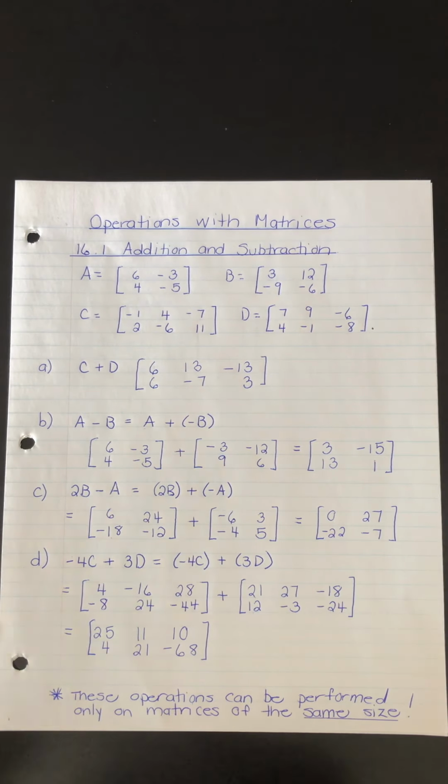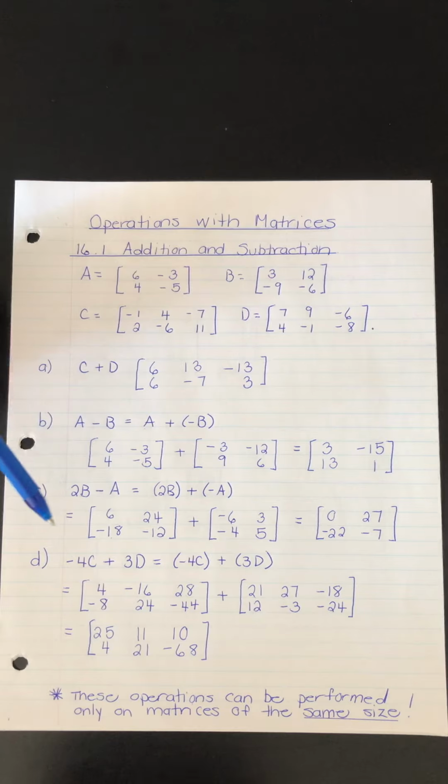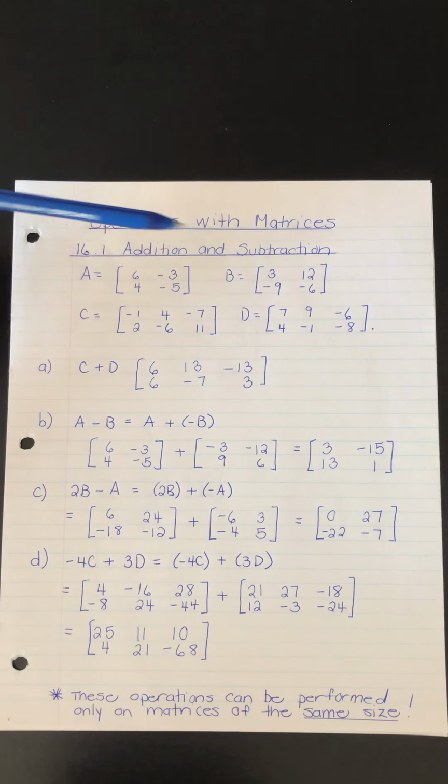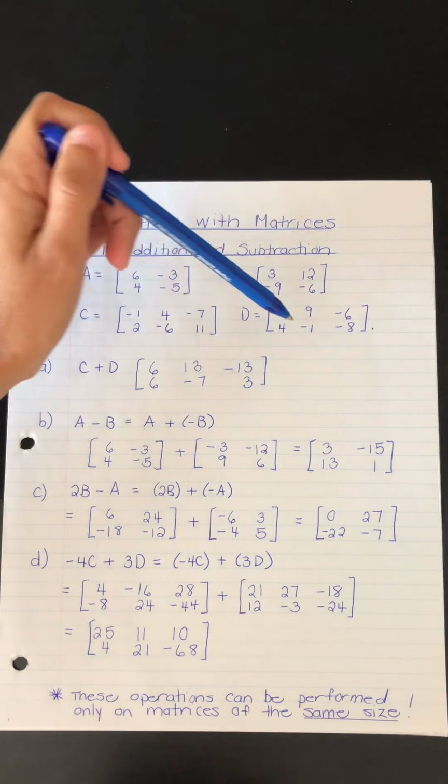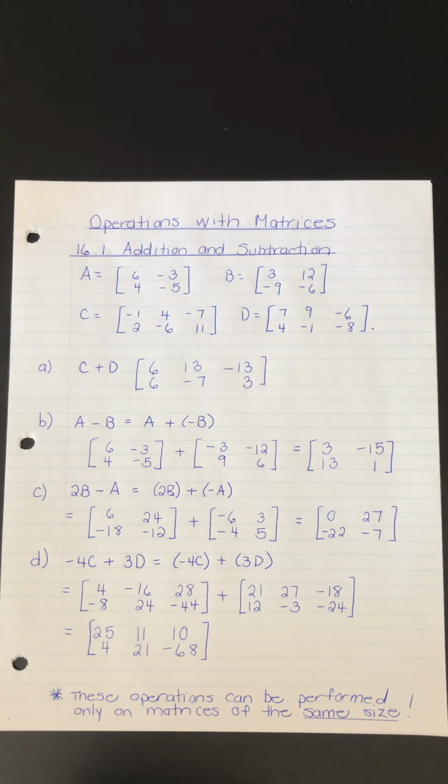Okay, so these first operations are pretty intuitive. Addition and subtraction of matrices. I've got a special note at the bottom reminding you these operations can be performed only on matrices of the exact same size. So you could not add A with C, nor could you add A with D, and so on.